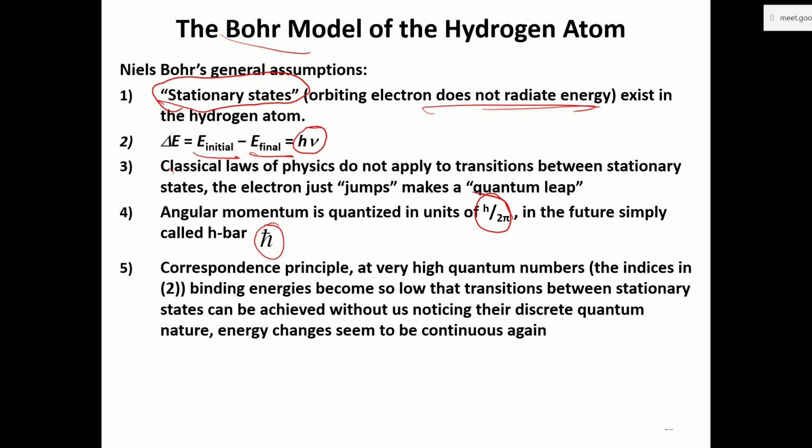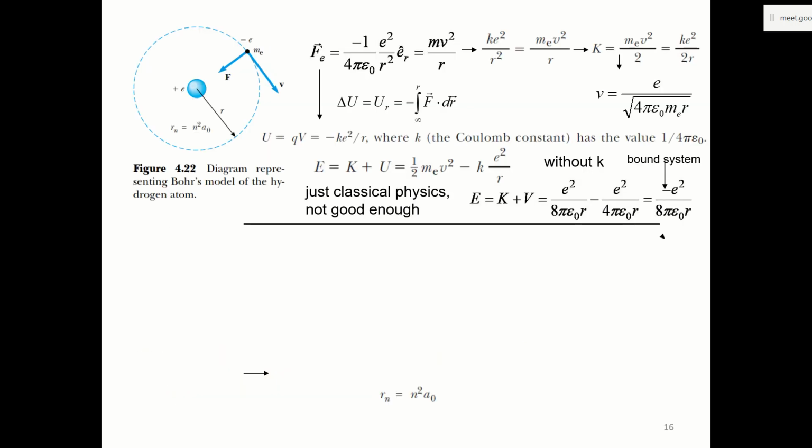And he also said that at very high quantum numbers, there were certain numbers that he said that this angular momentum can change by the multiple of n h by 2 pi, something like this. And these numbers were called quantum numbers. So these are things that you know.